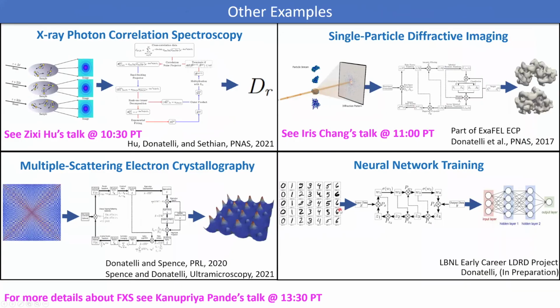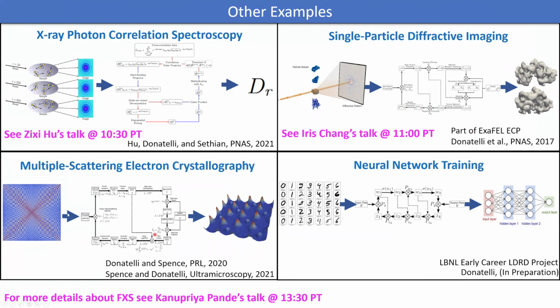All right, so that's mostly it. We've also extended MTIP to several other kinds of experiments as well. This includes things like X-ray photon correlation spectroscopy, which Zisha Hugh is going to talk about next, and single particle diffractive imaging, which Ira Sheng is going to talk about at 11 Pacific today.